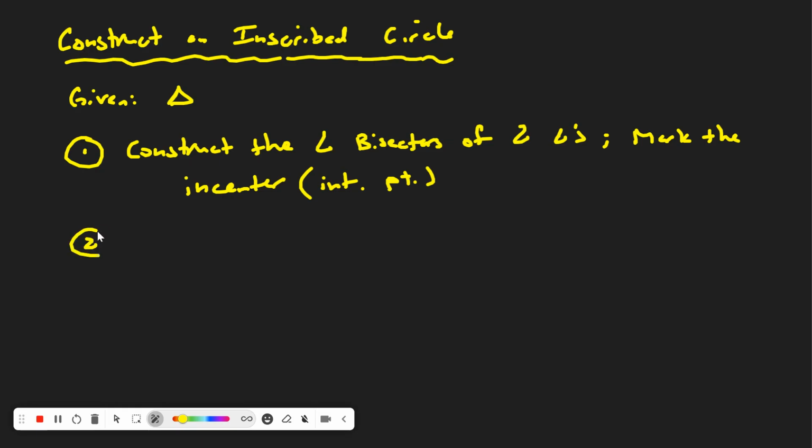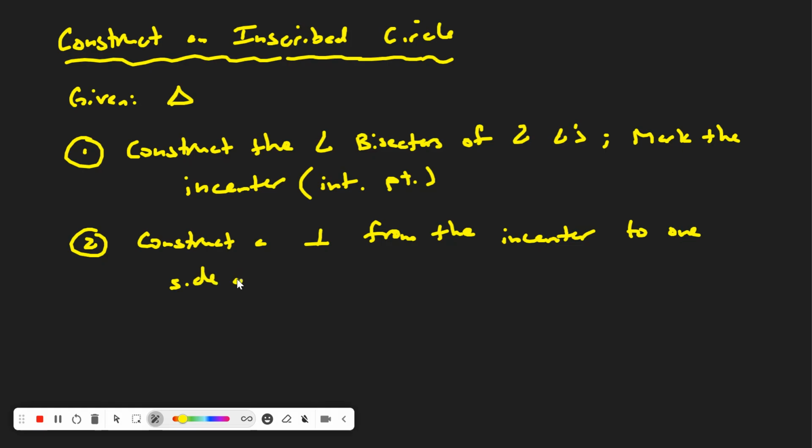Once we have the incenter, next we need to construct a perpendicular from the incenter to one side of the triangle. This again is going to give us our radius, right? That's the distance we are from the side of the triangle.